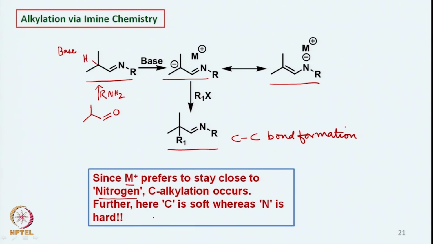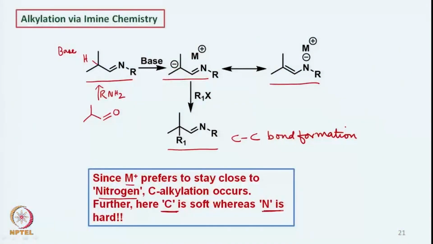That means it is the same situation as we discussed earlier when we were talking about enolate based chemistry: the counter ion M plus has to be very close to the nitrogen or oxygen, so that the reaction occurs to form a CC bond rather than an OC or NC bond. Further, carbon is soft and nitrogen is hard, and therefore C alkylation will occur with softer electrophiles. So these are the basic requirements of imine chemistry that need to be fulfilled.